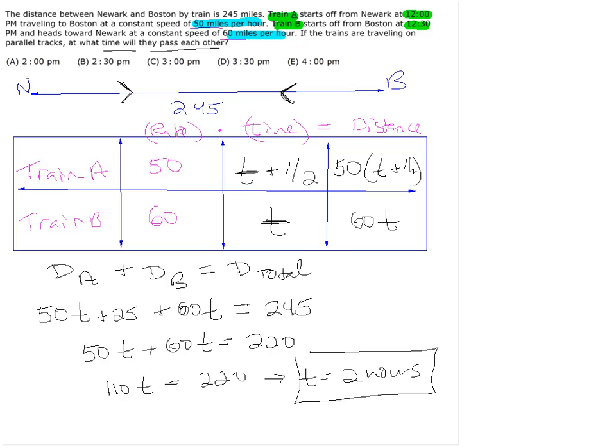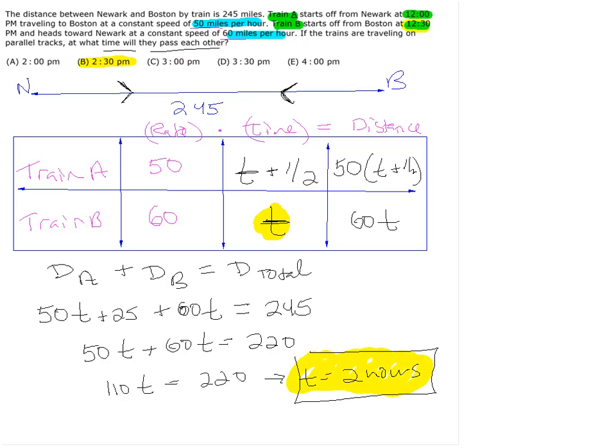Yes, t is 2 hours, but notice that t is the traveling time for train B. So we have to look up there and see what time train B starts. Well, train B starts at 12:30. So 2 hours later would be 2:30.